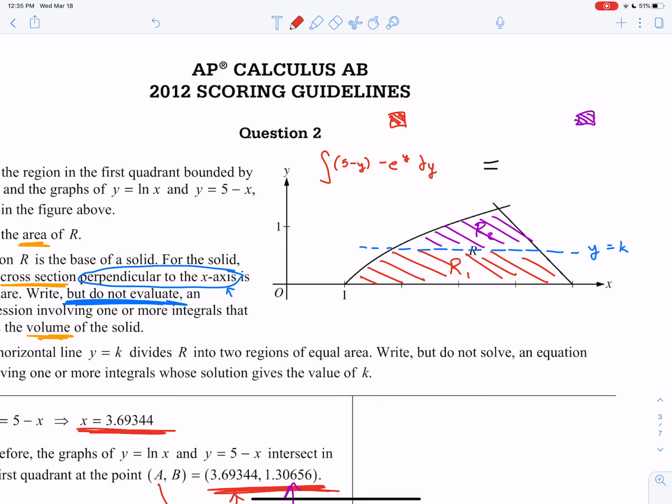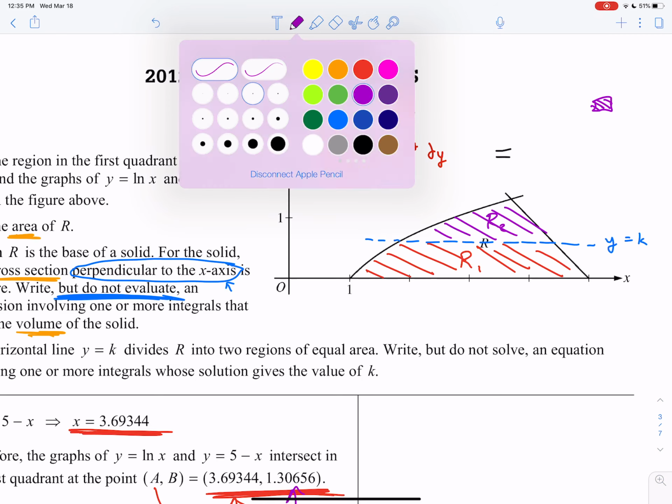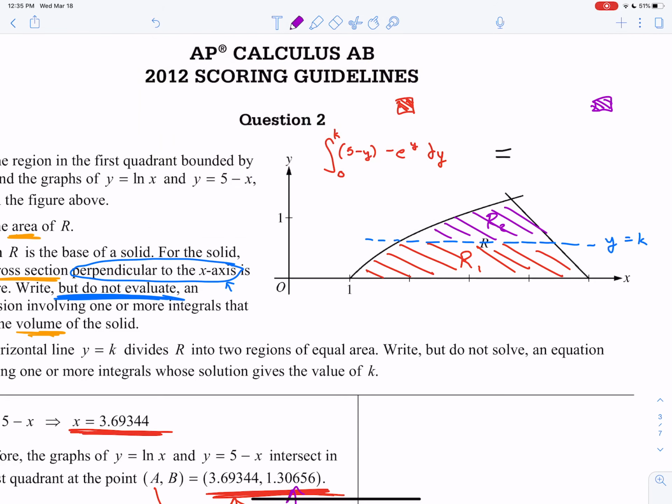The only thing you guys really have to remember is the bounds, okay? Remember that we're looking at the y values. The red region starts at a y value of 0, and it goes all the way up to where that blue line is. And that y value is actually k. Now, if you're looking at that purple region, that purple region starts at that k value, okay?